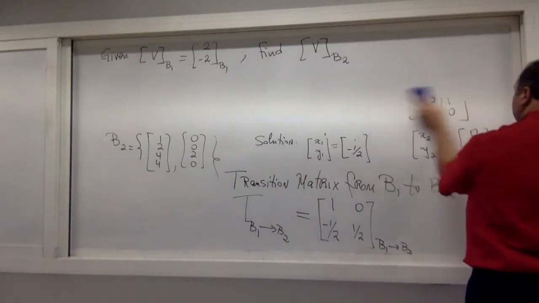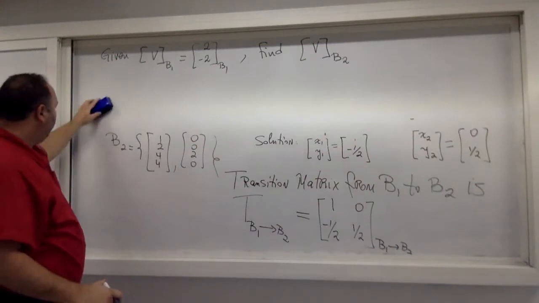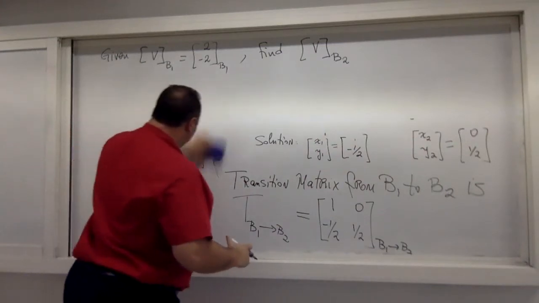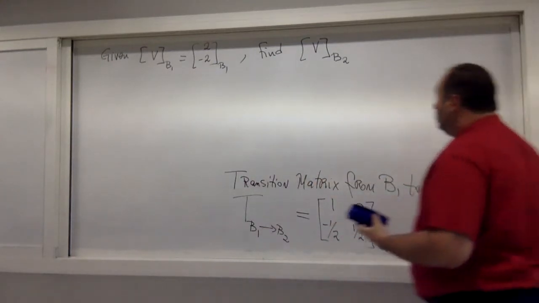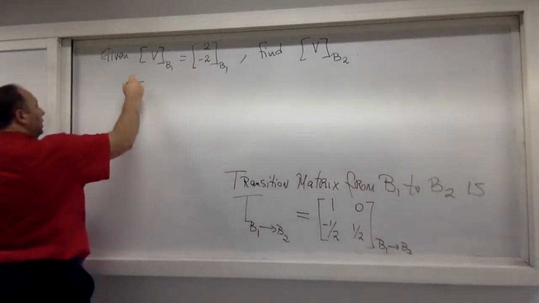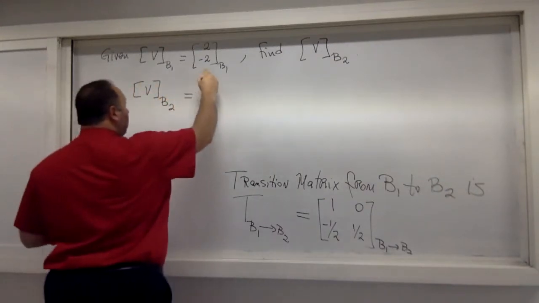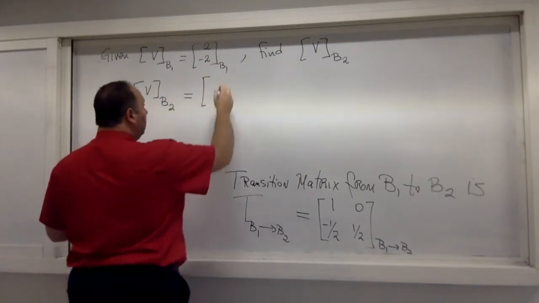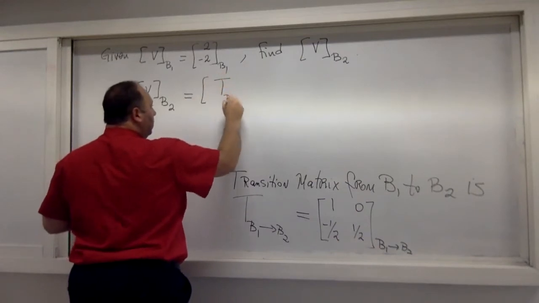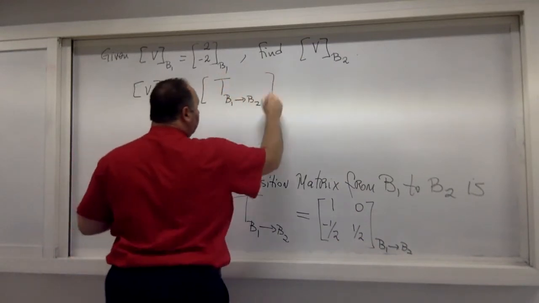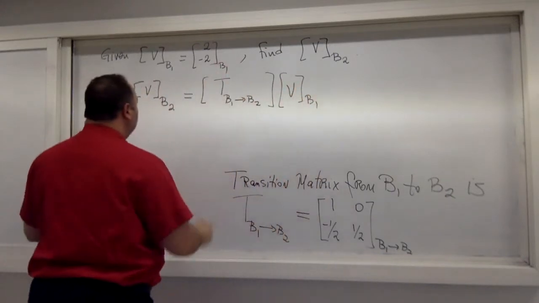So what do? I use this transition matrix from B1 to B2, and I'm done. So coordinates of the vector in basis B2 are just, so let me write schematically, B1 to B2, that's a matrix, times coordinates of V in B1. So that's schematic.